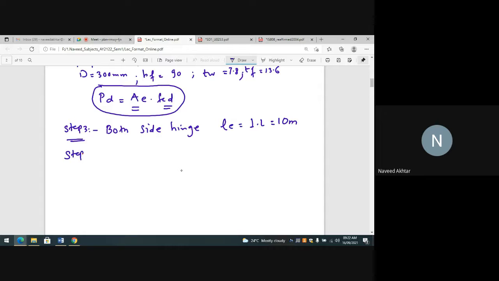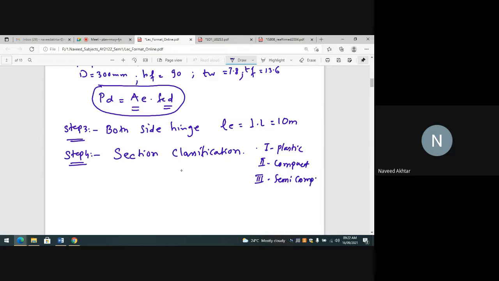And step number 4, we have to do the section classification. Why are we going for the section classification? We are going for the section classification to know whether the section is class 1 plastic, class 2 compact, class 3 semi-compact, or class 4 slender.